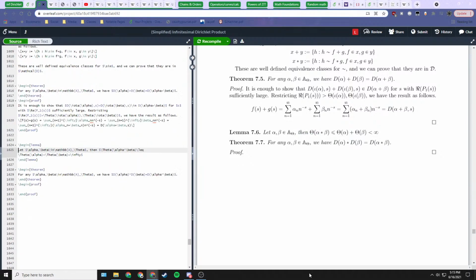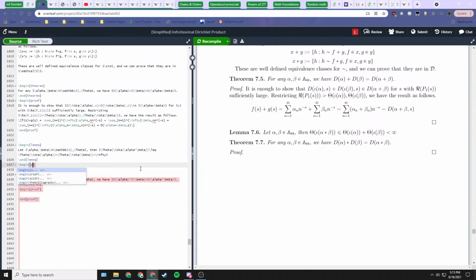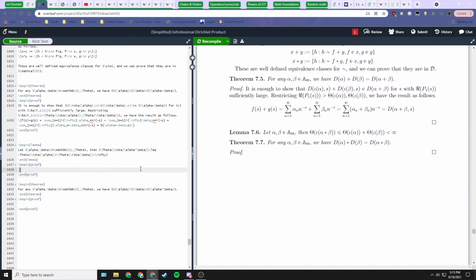so what we want, so this should be iota alpha times beta inside, iota alpha, iota beta. Okay, so now we've thoroughly differentiated this from the previous theorem.